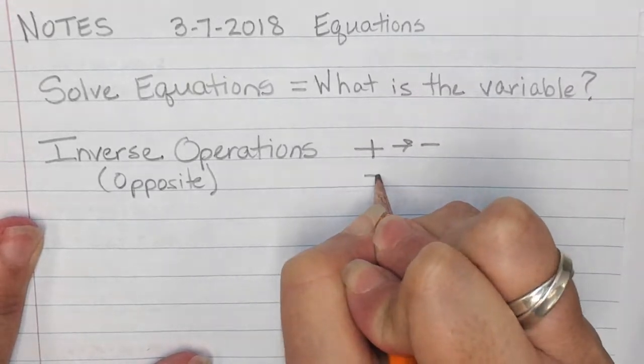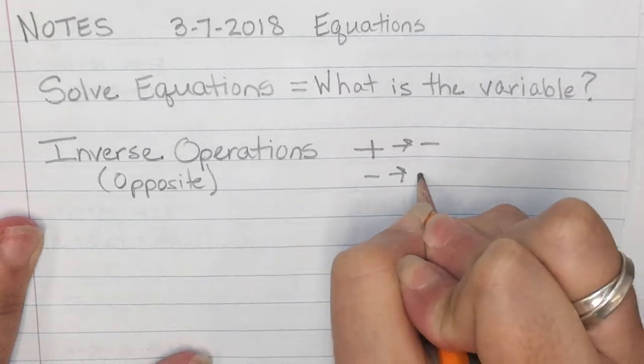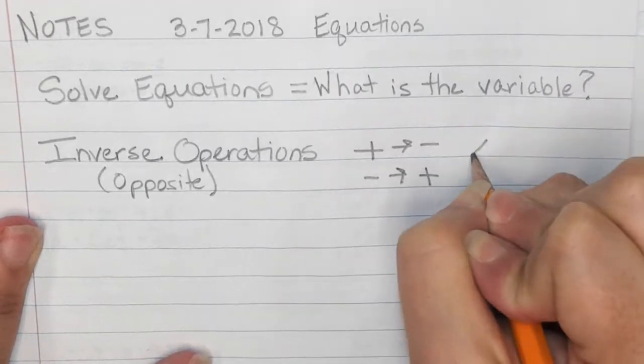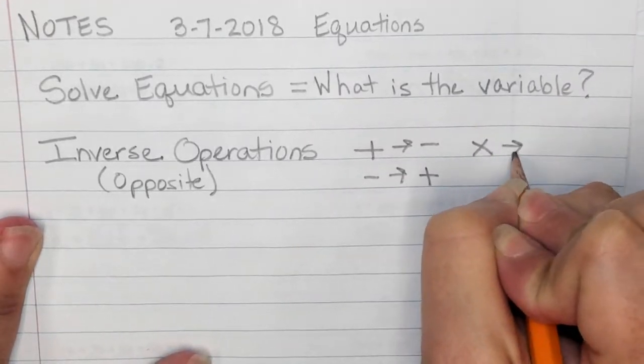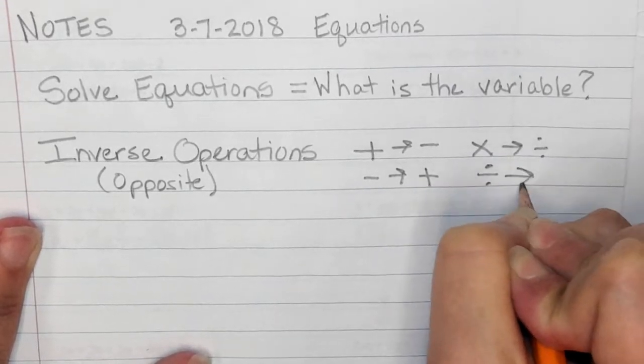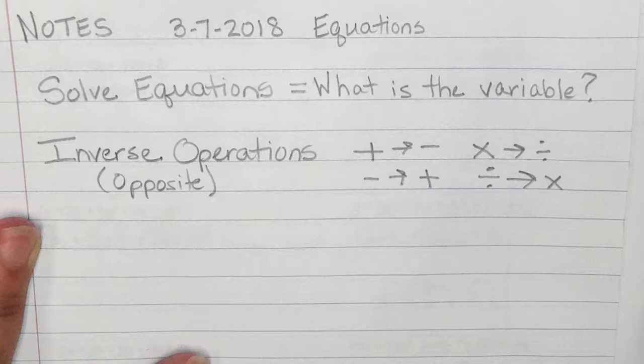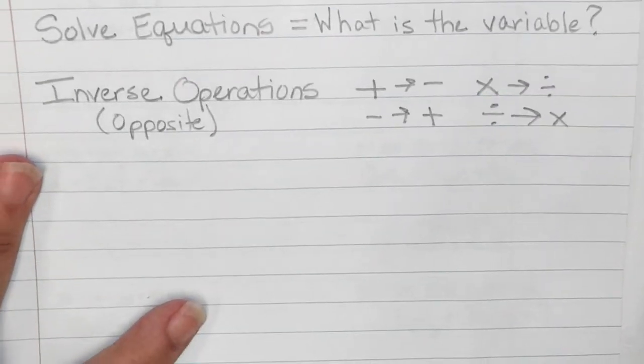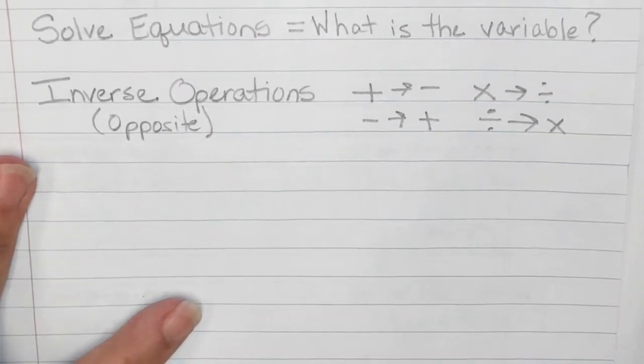If you're looking at minus, the opposite is addition. If you're looking at multiply, the opposite is divide. And divide, the opposite is multiply. Okay? So, we use what's called the inverse operation.